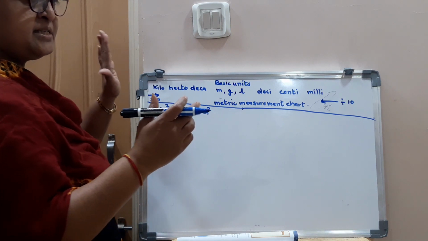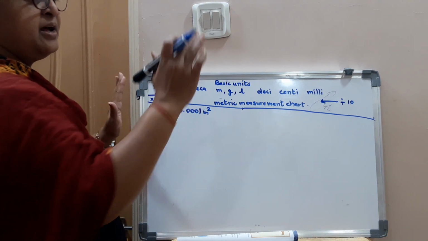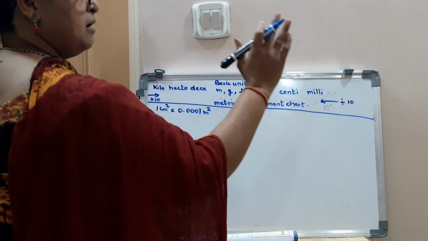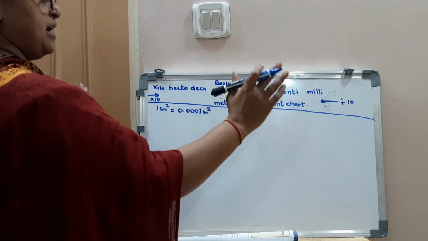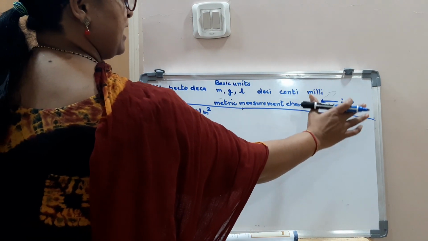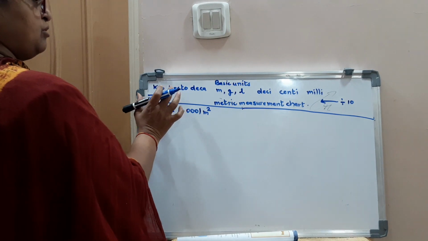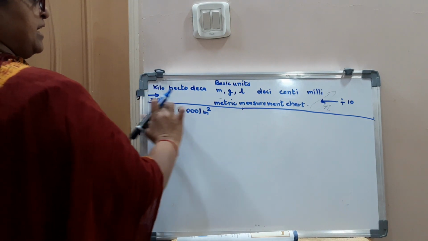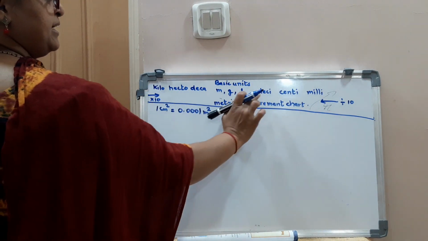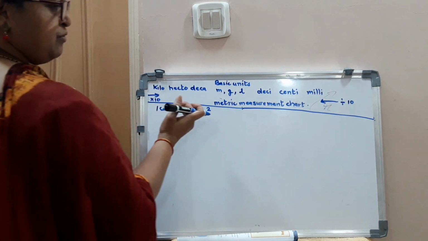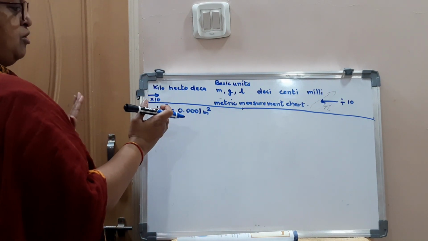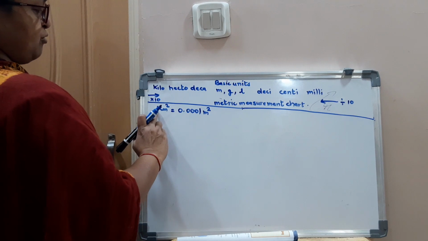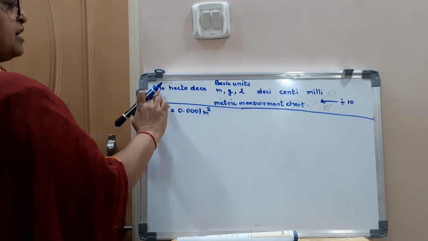Our left hand side is the left hand side of the metric measurement chart, and our right hand side is the right hand side of the chart. So the small units are on the right hand side and the bigger units are on the left hand side. Like that, we multiply by 10 for each move one way, and divide by 10 for each move the other way. Now, as we have to convert, the bigger units are kilo.